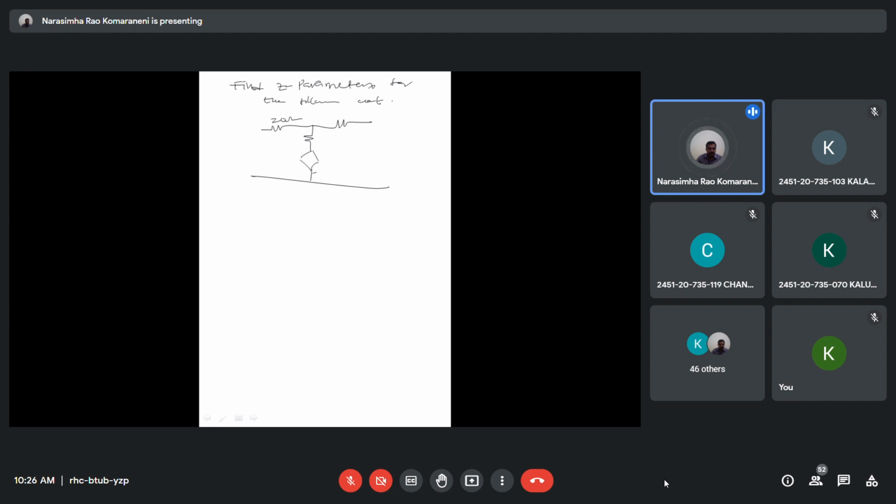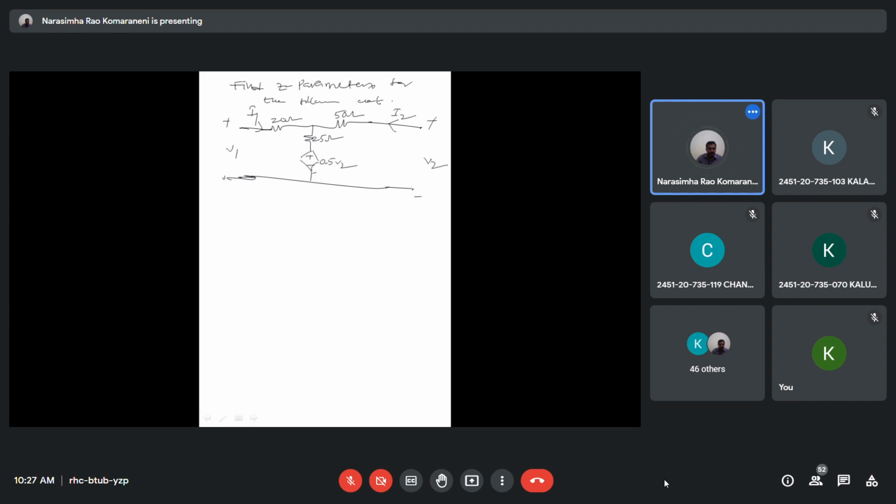Okay, this is 50 ohms. This is 25 ohms, and this is a voltage dependent voltage source, that is 0.5 V2. This is I2. This is I1. Okay, this is plus minus V1. This is plus minus V2.